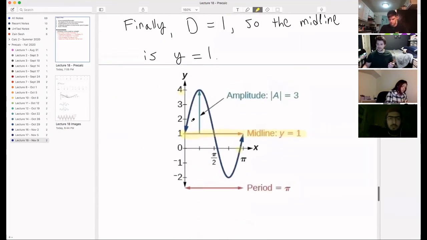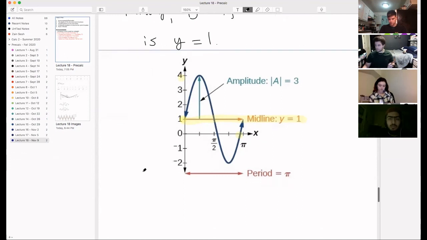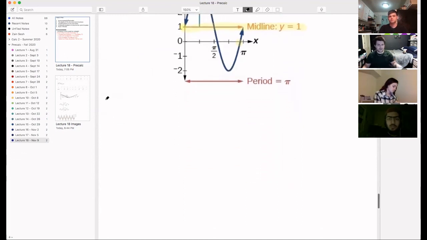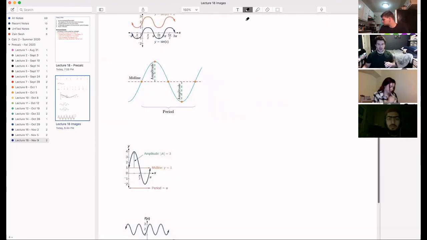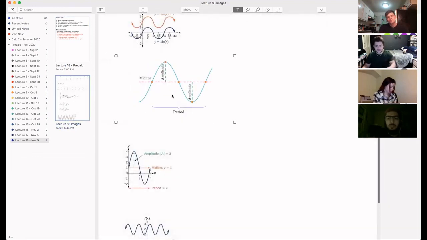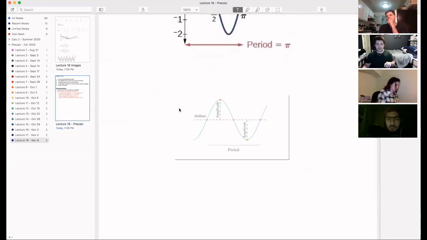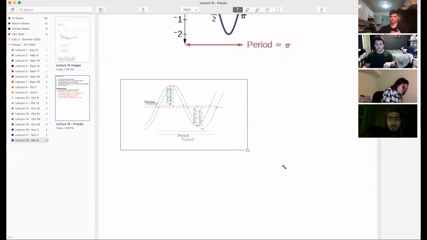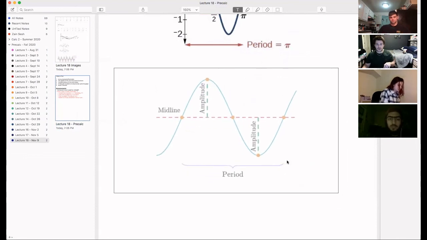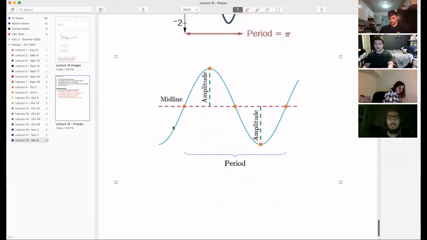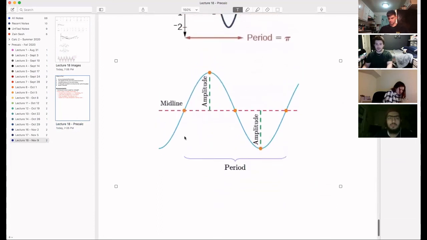Any questions? Okay, good. Here's the picture from before that I forgot to show you. It's kind of redundant at this point, but it shows all of our terminology on a graph.